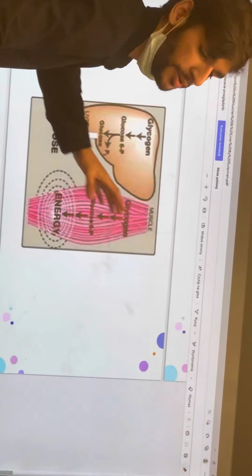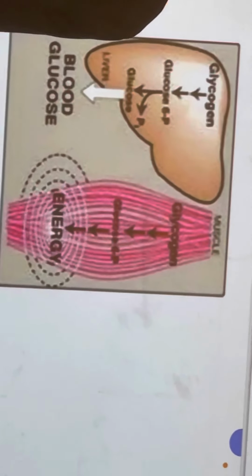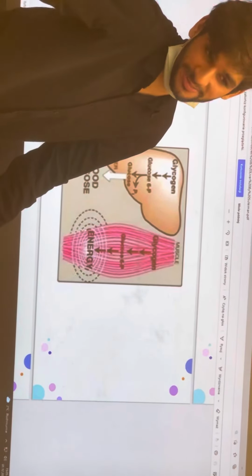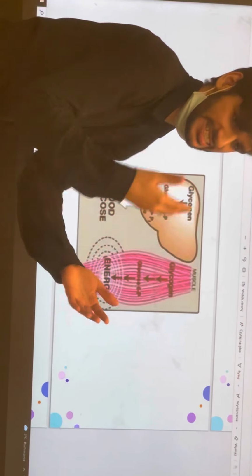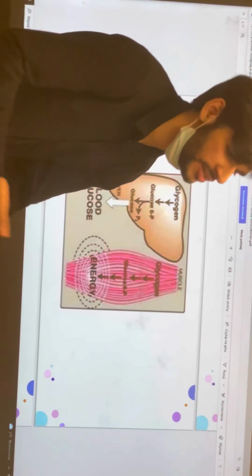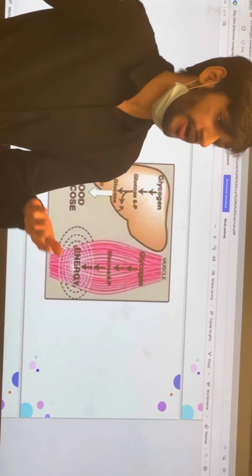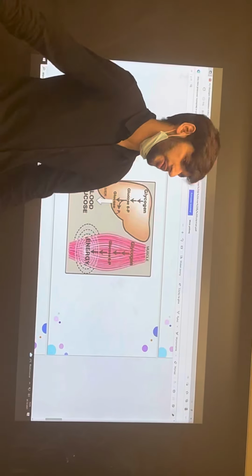In muscle, what do we have? We don't have this enzyme, right? So glucose 6-phosphate will stay glucose 6-phosphate, and it will undergo glycolysis and the Krebs cycle. If we have aerobic respiration, then it will make ATP.